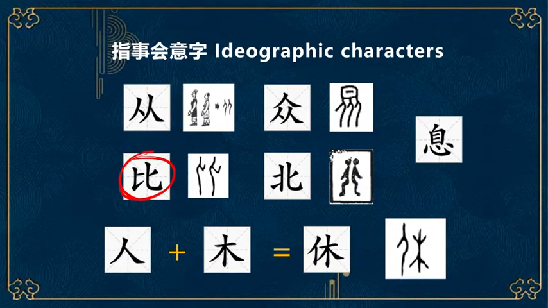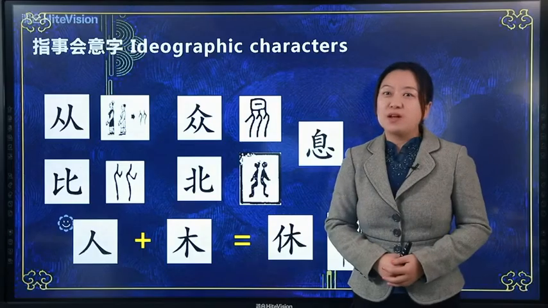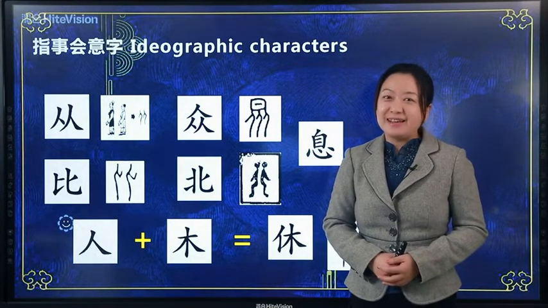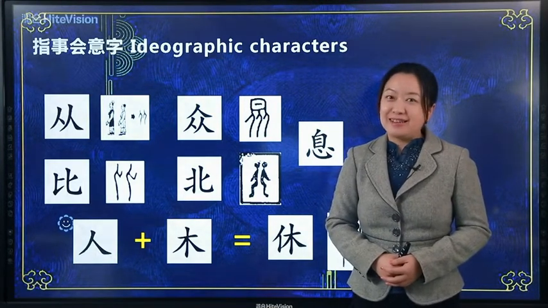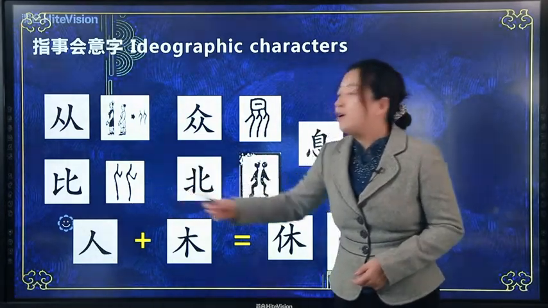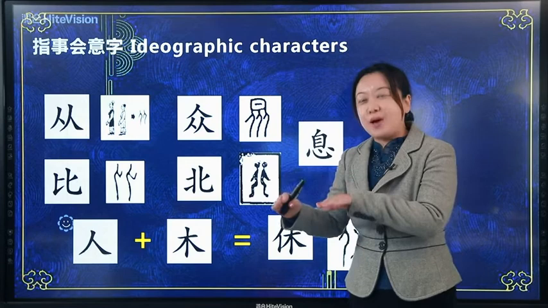Okay, this one, 比. The original meaning is next to, the neighbor, 2 things next to another. So, this character can be regarded as 2 people sitting in the same direction. You can see as the picture, 2 people sit same direction.